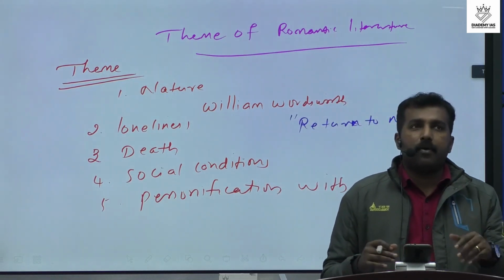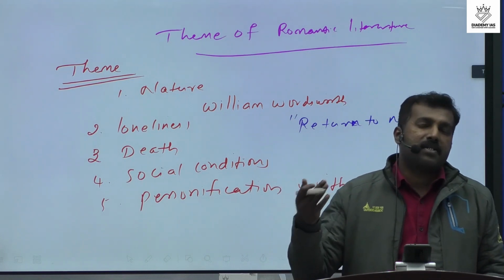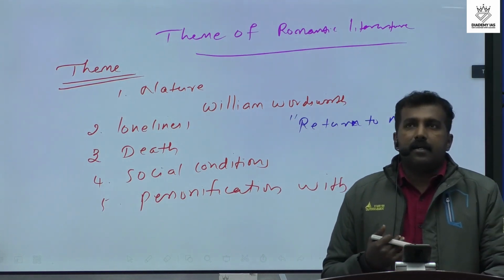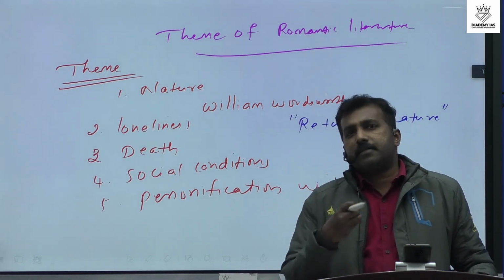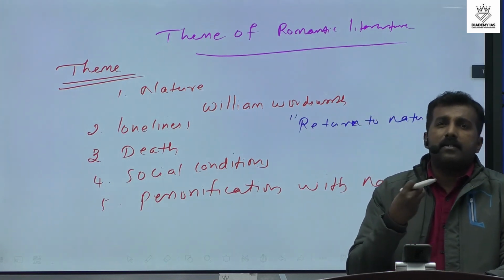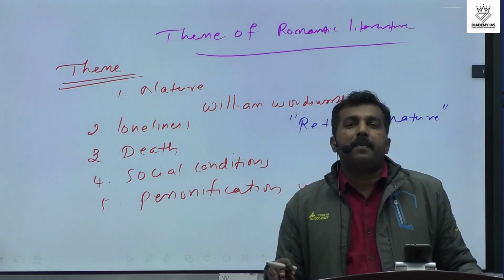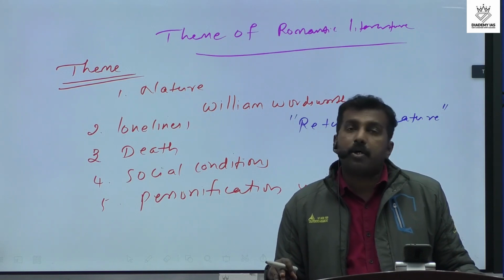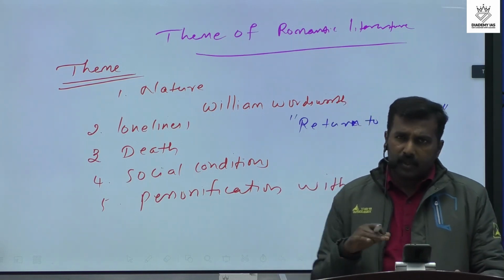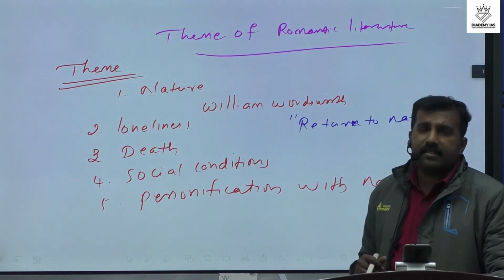Then we discussed the important writers, the first generation and second generation writers. So these are the important points we have to remember relating to the Romantic age in England, or Romanticism.